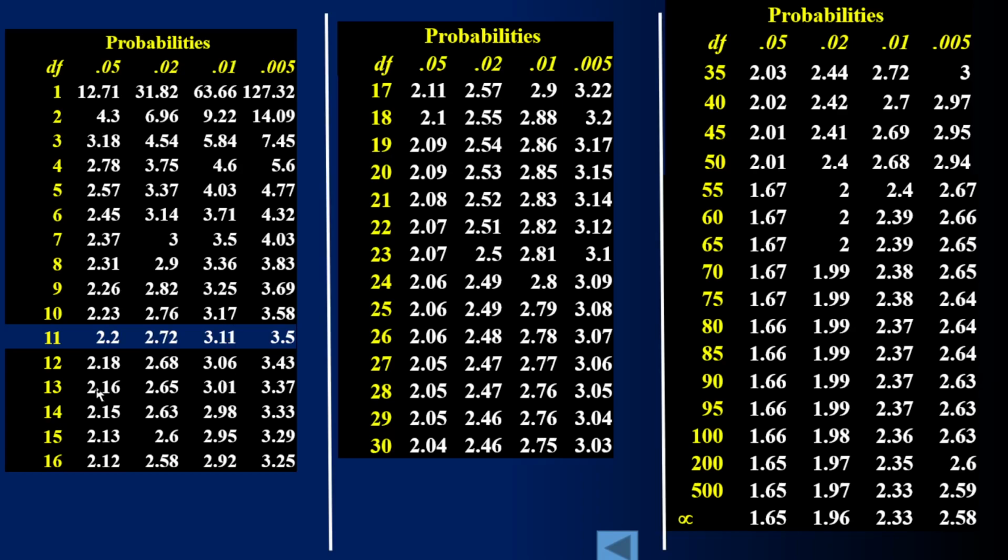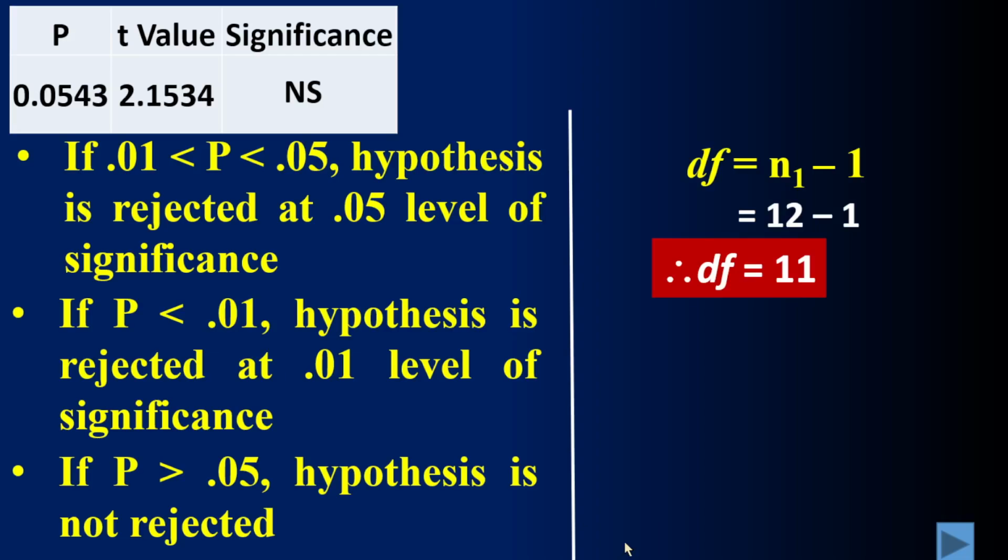Under probability 0.05, for df 11, the required minimum value for significance of difference is 2.2 and the required minimum value for significance at 0.01 level is 3.11. These two values we have to remember, and we have to compare our calculated t value with these two values. At 0.05 it is 2.2 and at 0.01 it is 3.11.